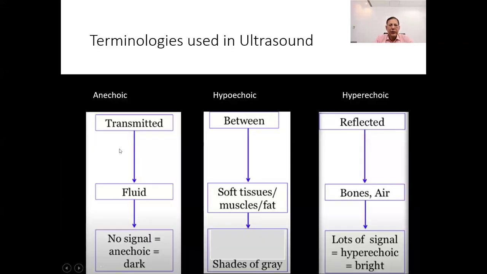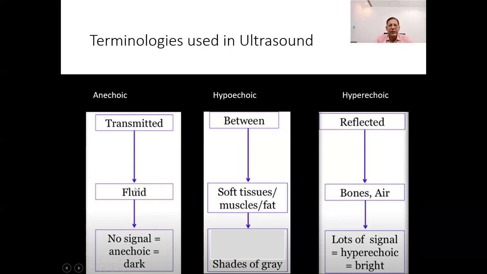So in summary, the most commonly used terminologies are anechoic, which means all the sound waves are transmitted through that structure with nearly no reflection, such as occurs while passing through fluid, resulting in no signal.